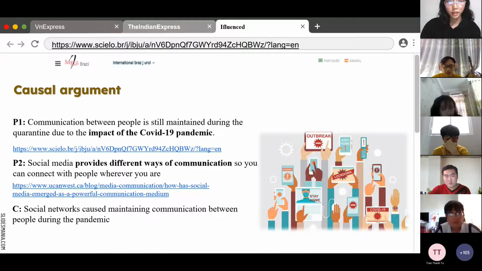However, communication between people is still maintained during the quarantine due to the impact of the COVID-19 pandemic because of social media.